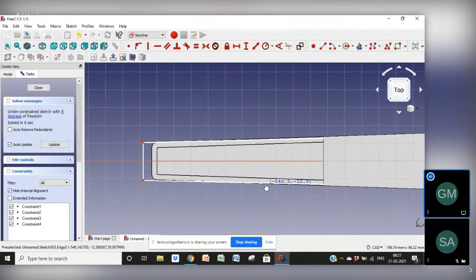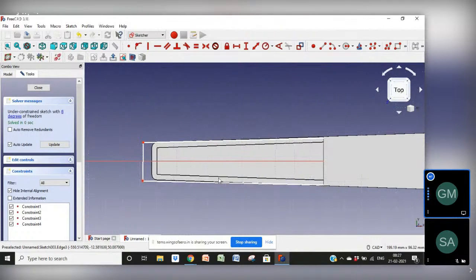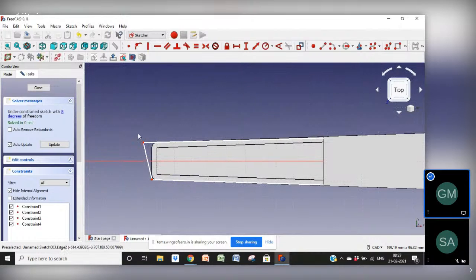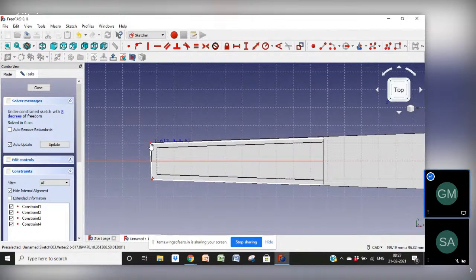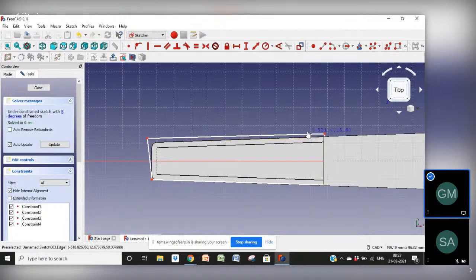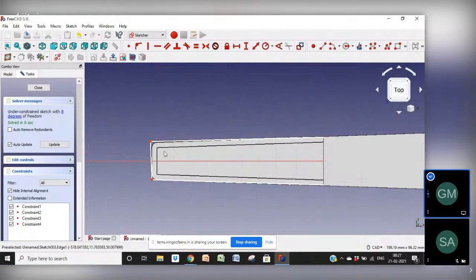Okay. Just following it. Make it vertical.